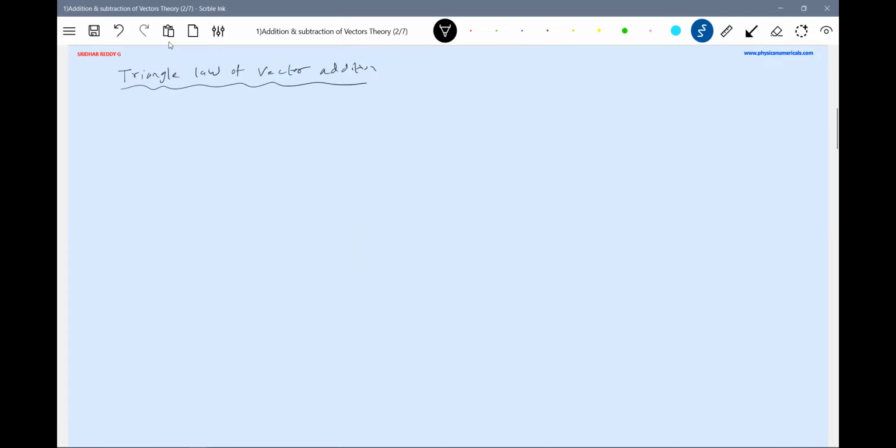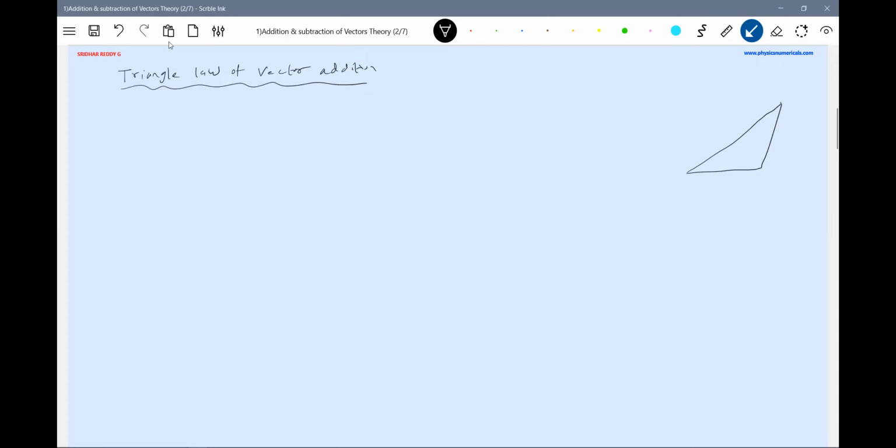What is a triangle? We know a triangle has three sides. So here, if two sides of a triangle represent adjacent sides of a triangle, then the resultant is given by the third side drawn in the reverse order or in opposite sense.